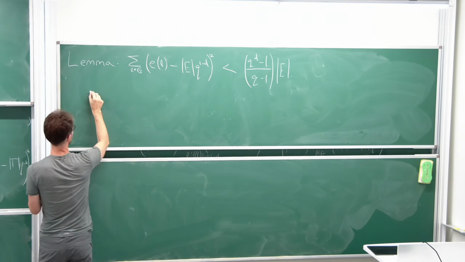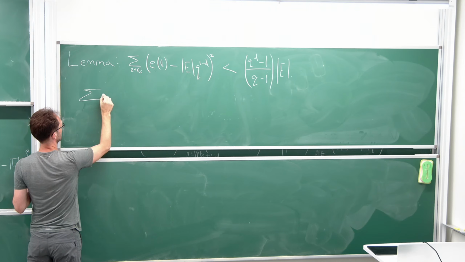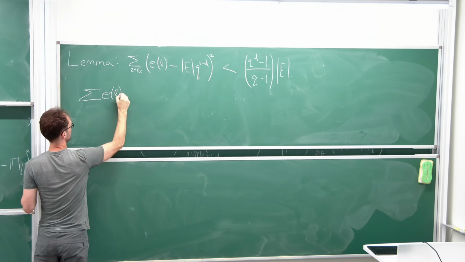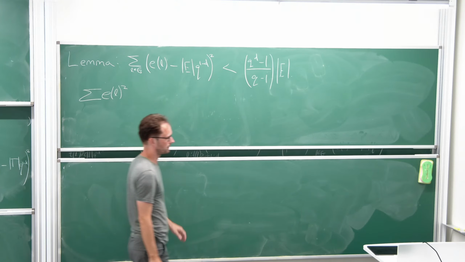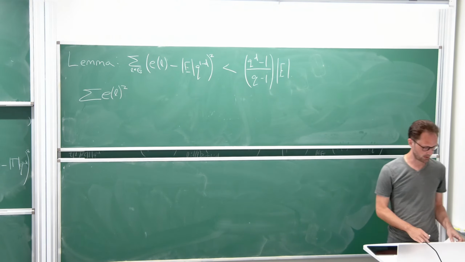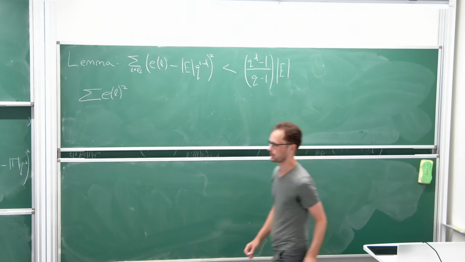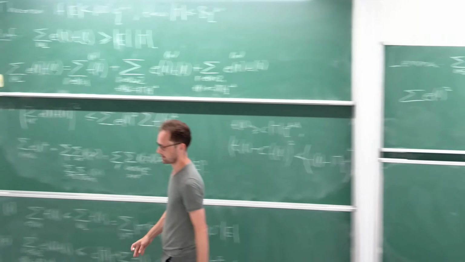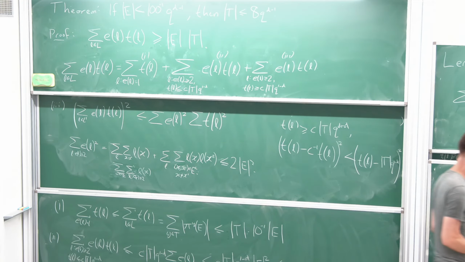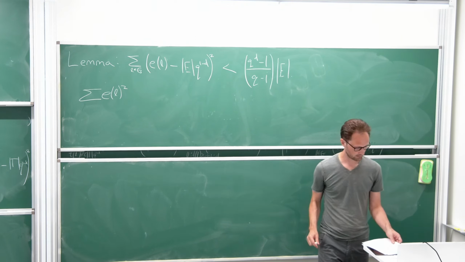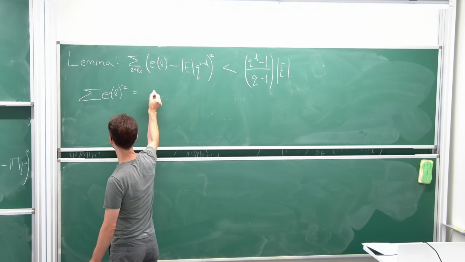So let me first write down an expression for the sum of E of L squared. And what I'll do is just the same thing as before, split out the diagonal terms. I think this is going to be exactly the same as what we did over there.